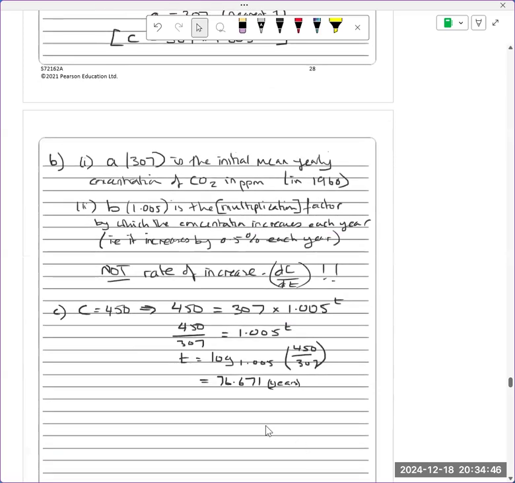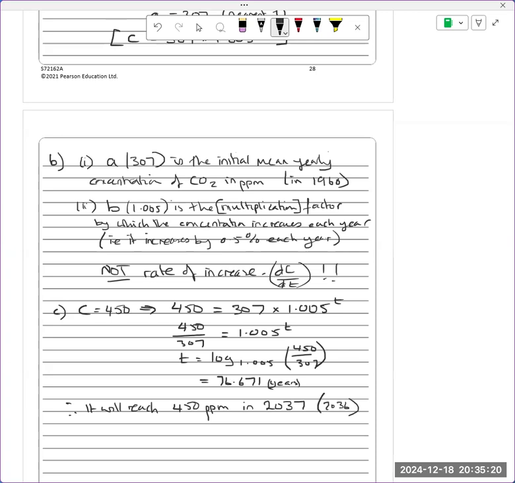So this is during the 77th year after 1960. So therefore it will reach 450 ppm in 2037, during 2037. Okay, actually they allowed 2036 as an answer as well.